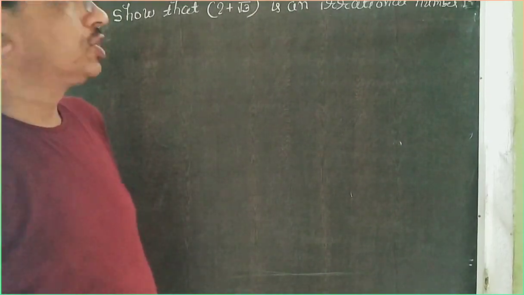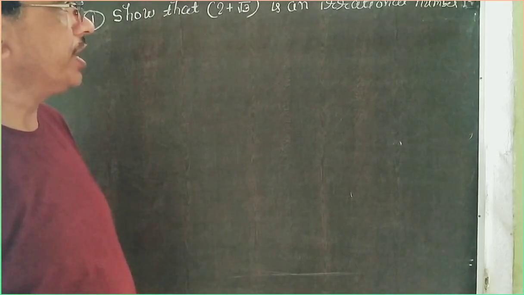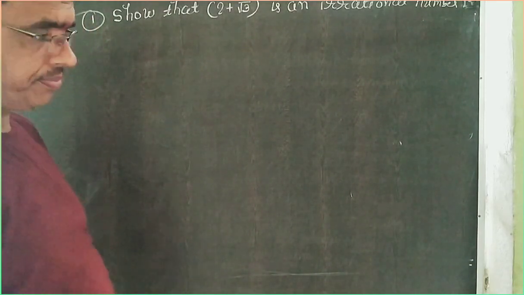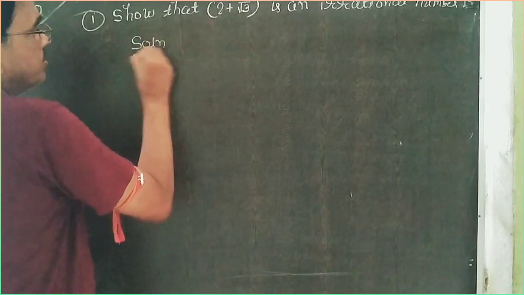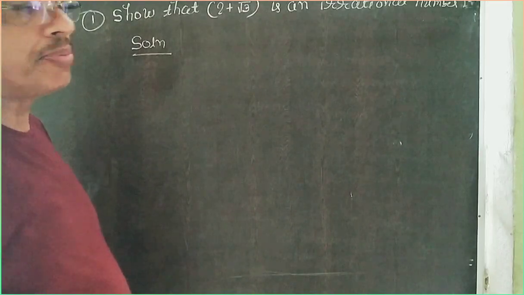Example first: show that 2 plus root 3 is an irrational number. Dear student, you can solve by this method also, and you can also solve by your book methods.